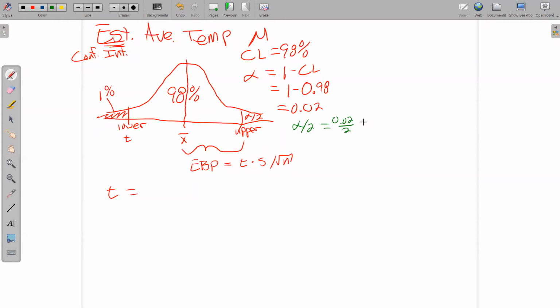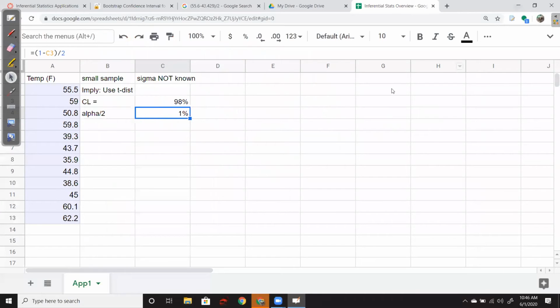So altogether, we could say the formula for alpha over 2 is to take 1 minus the confidence level and then divide by 2. And on a calculator, that numerator is going to be in parentheses. And sometimes on my spreadsheet, I'll have both alpha calculated and alpha over 2, so I don't have to worry about parentheses. So just to do it that way for fun, we'll just call this alpha.